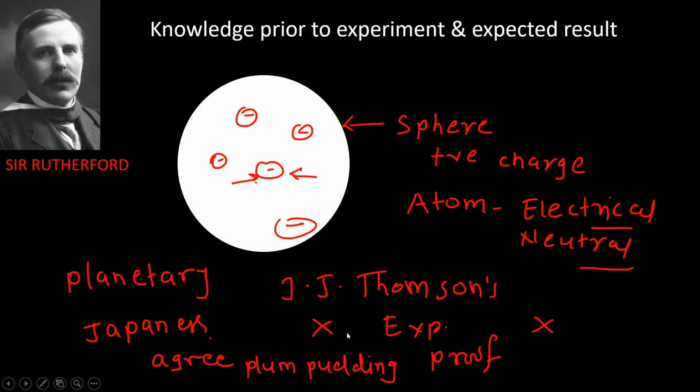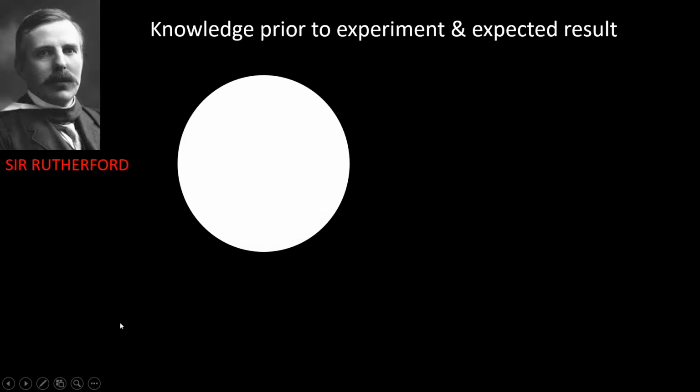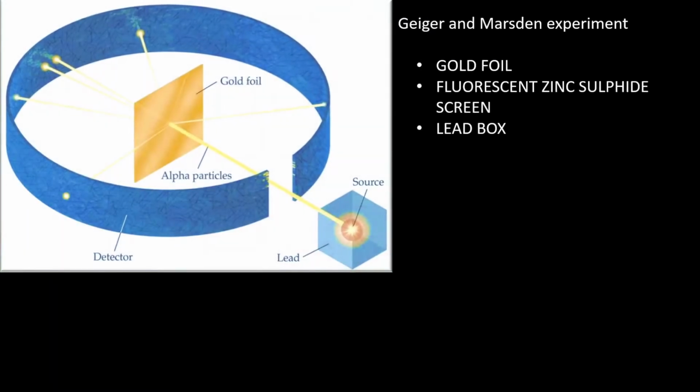Therefore, Rutherford performed the alpha particle scattering experiment to learn the detailed arrangement of electrons and positive charge inside the atom. This was the experimental setup made by Geiger and Marsden under the guidance of Sir Rutherford.